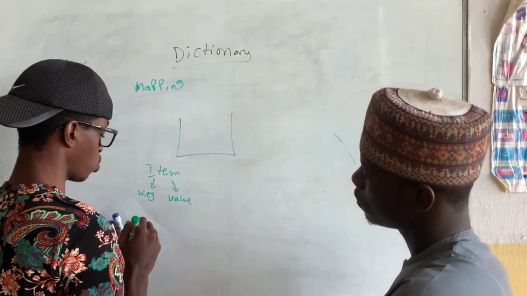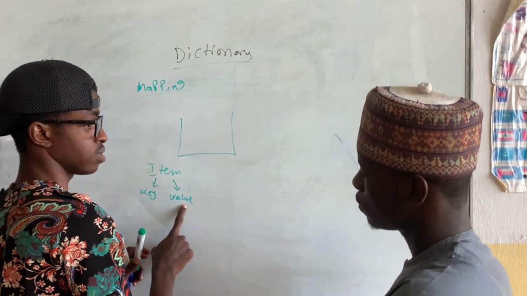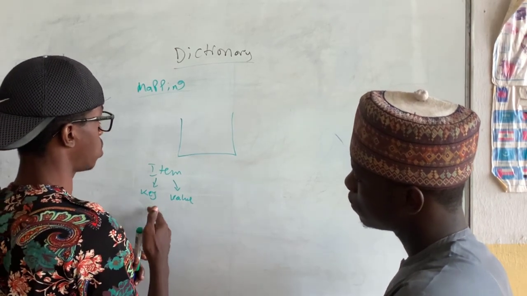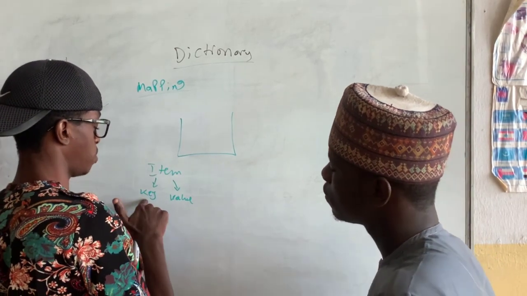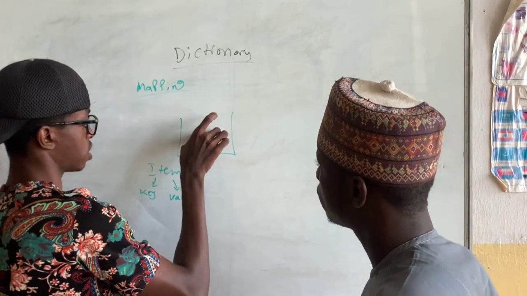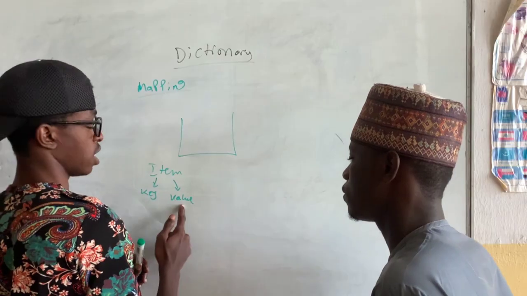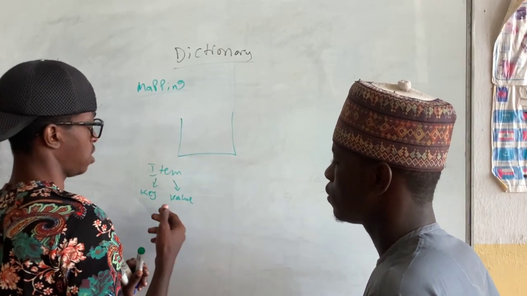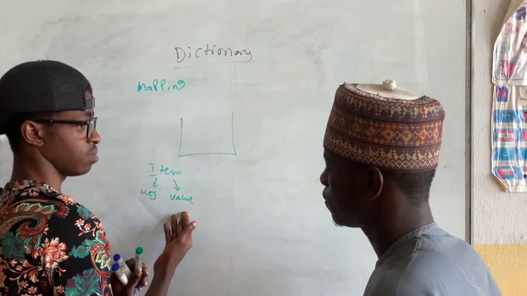This key is what we use to access the value. You understand? That is why we call it a mapping, just like you map this key to this value. So if I want to store this item inside the dictionary, I have to create the key and the value. The key, is it like an ID? Yes, it's just like an ID, exactly, which you use to retrieve the value.